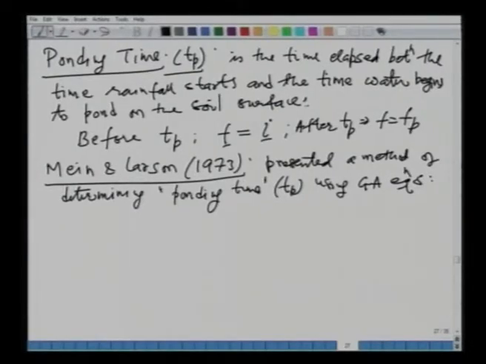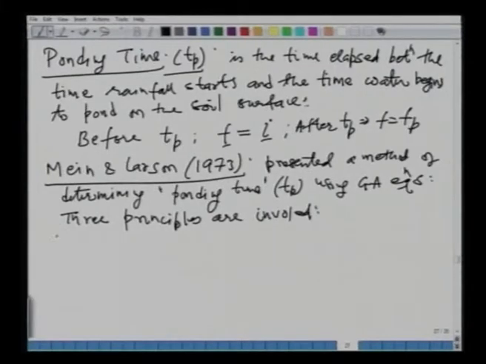How did they do it? They used three different important concepts. Some of them we have already looked at. So, they used three principles in finding out what will be the ponding time.